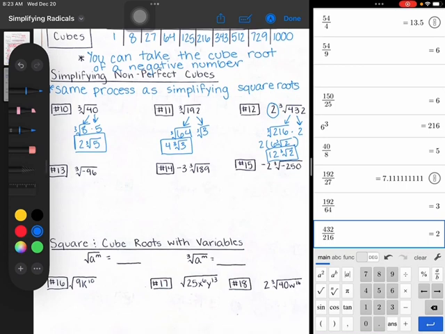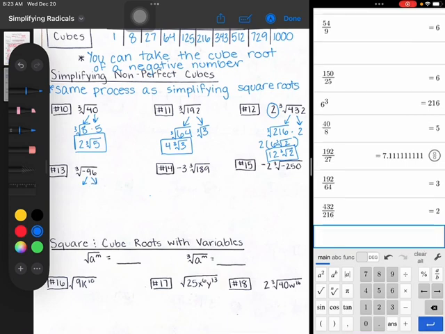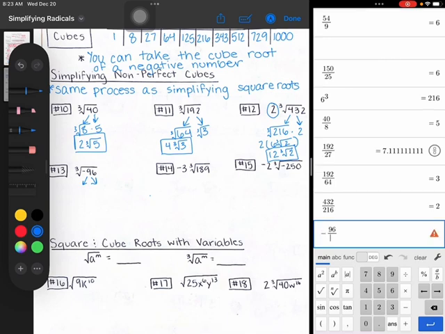Okay. And then, all right, this is our first negative that we've seen underneath the cube root, but it doesn't really change a whole lot for us. So let's look at this one. So if I have a negative 96 divided by, let's try 8, I get 12, or negative 12. So whenever I take the cube root of a negative number, I want the number that's a perfect cube to be negative.